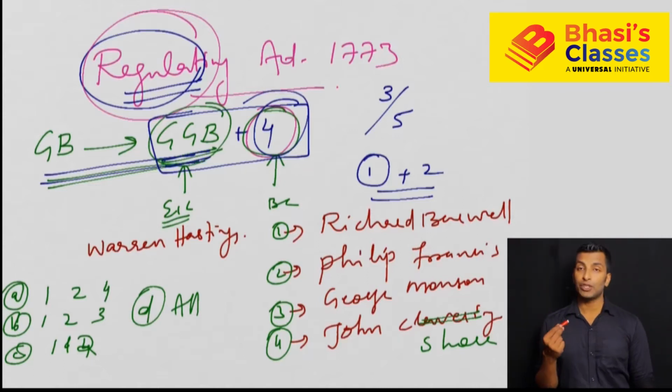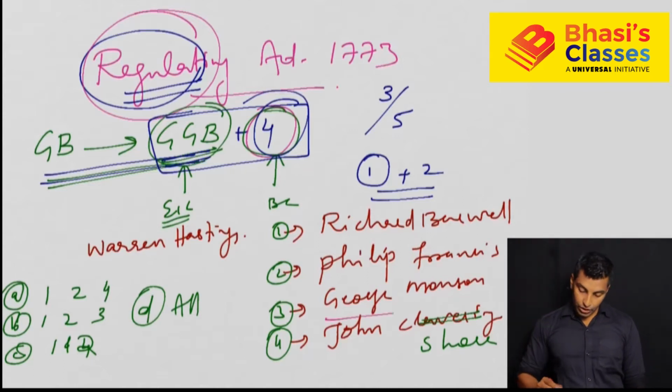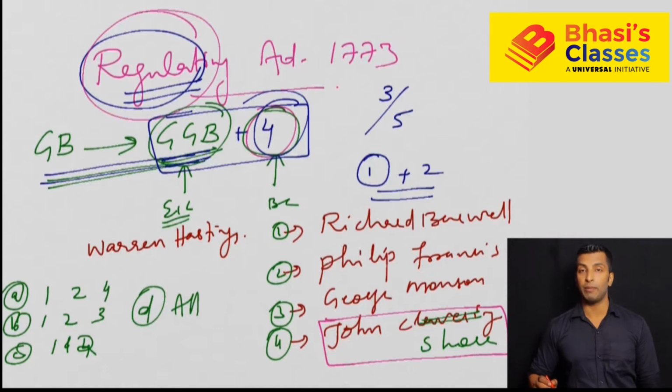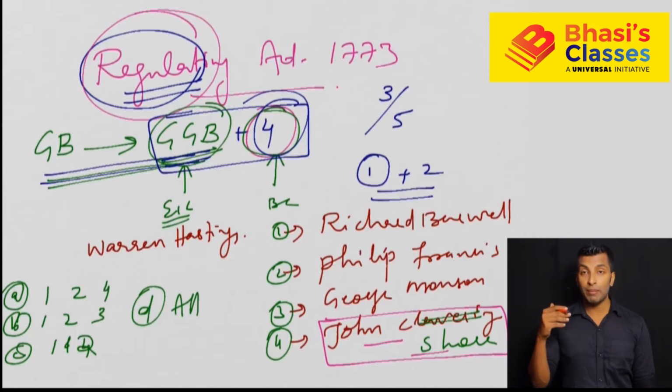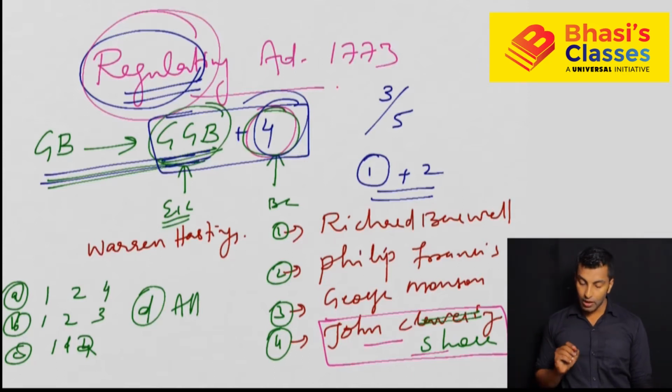So this will actually make you confused because John Shore is a very familiar name to you. We will be discussing permanent settlement under Lord Cornwallis. The person who is assisting Lord Cornwallis is John Shore. And since permanent settlement is a very important topic, you will be learning in detail about that. So this name was very familiar to you, and you may mistakenly believe that this person was also there in the council. So you may pick an answer choice where John Shore is there.